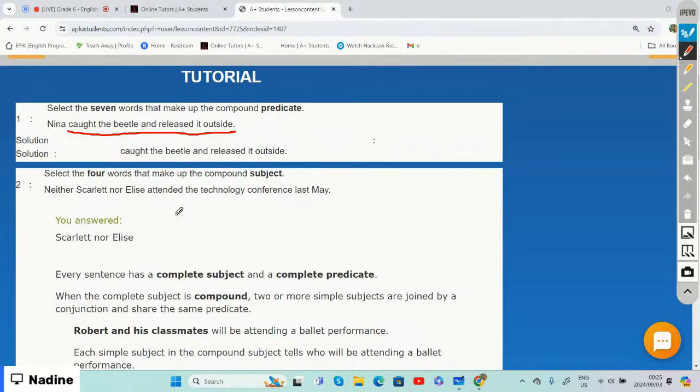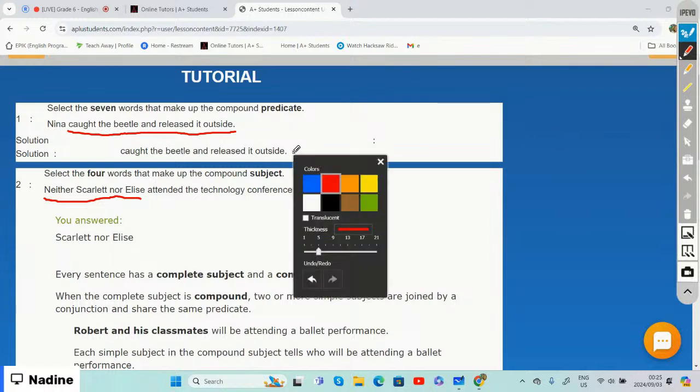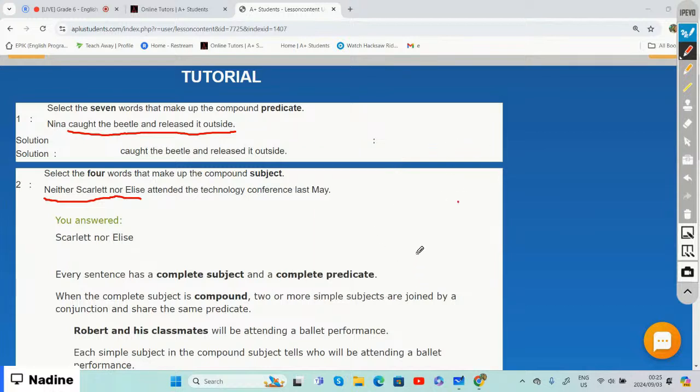If we were to select the compound subject, we're going to say it is neither Scarlett nor Elise. So the words that we underline, neither Scarlett nor Elise, that is our simple subject within the sentence.